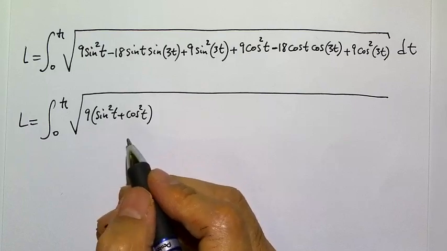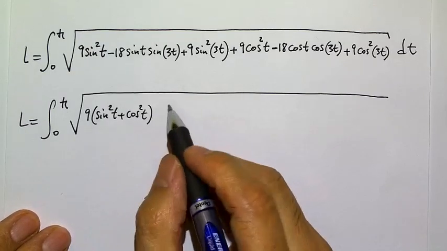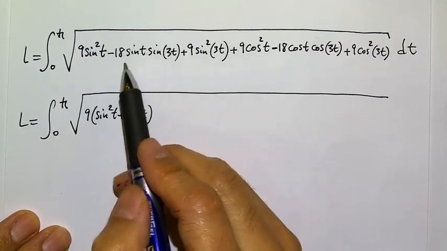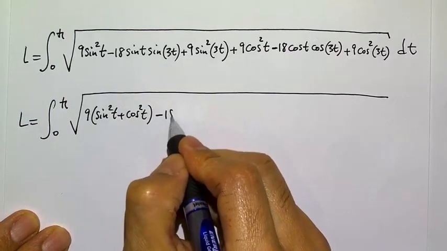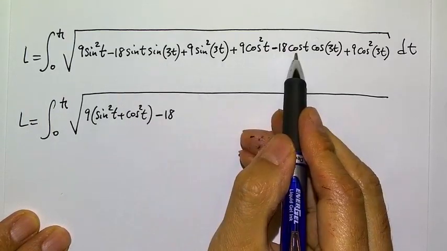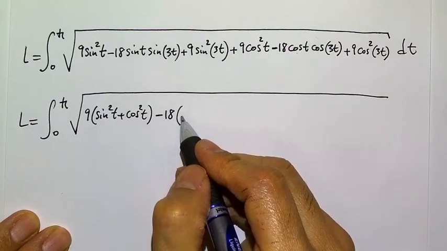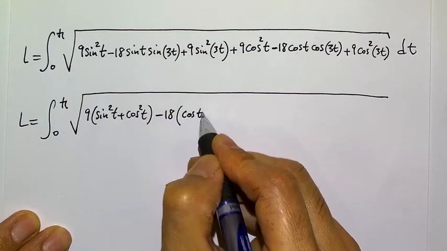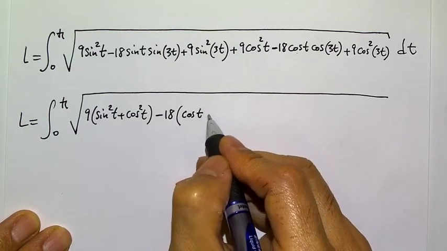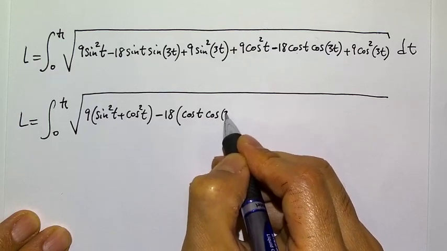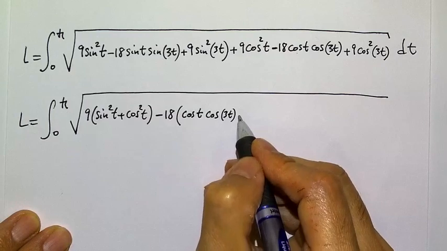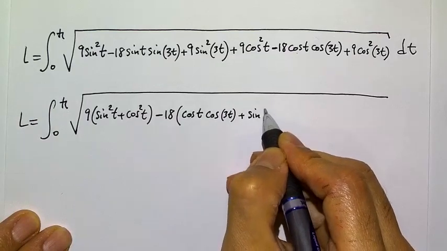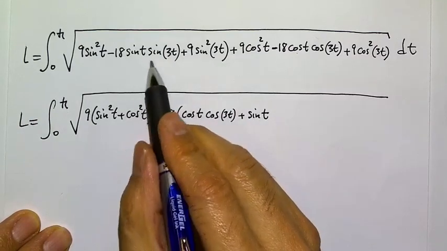From trigonometry we know that. And then, of course, we had a couple of terms with minus 18. We can factor those out and put them together. So minus 18, this one and that one. So minus 18 times cosine t times cosine of 3t, like that, and then plus sine of t times sine of 3t.